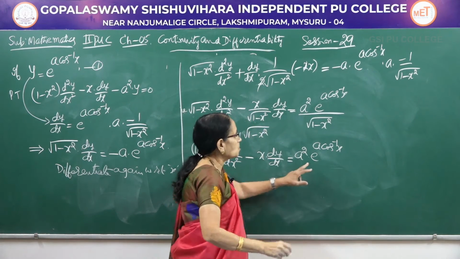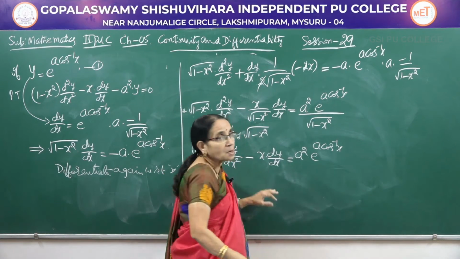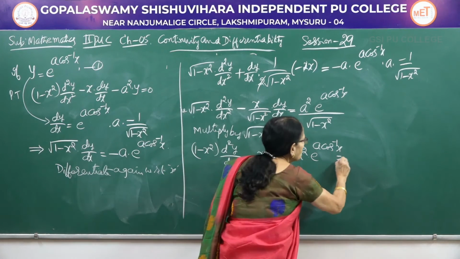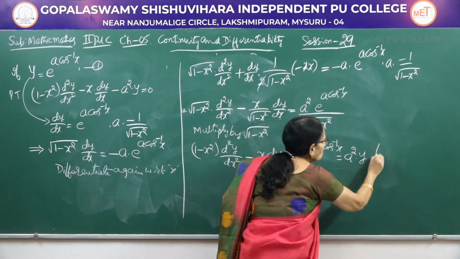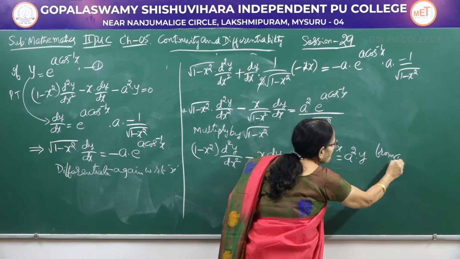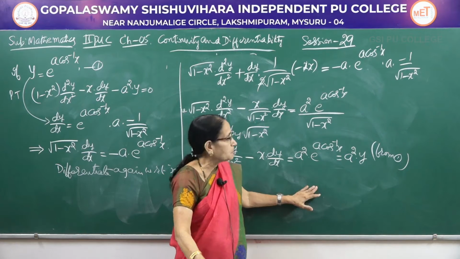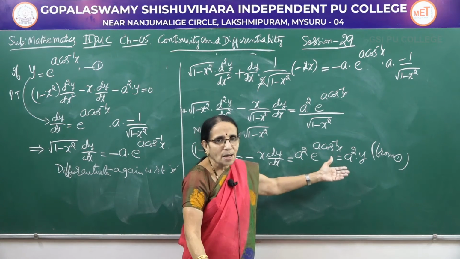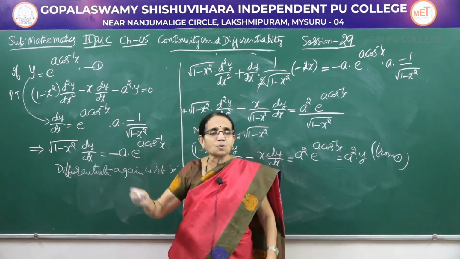This is cancelled. But look at this function. E to the power a cos inverse x is nothing but the given function, so it can be written as a square into y. If the answer expected is only this, sometimes they ask you to show that it is equal to a square y, and you can stop here. But in the answer it is given as minus a square y.